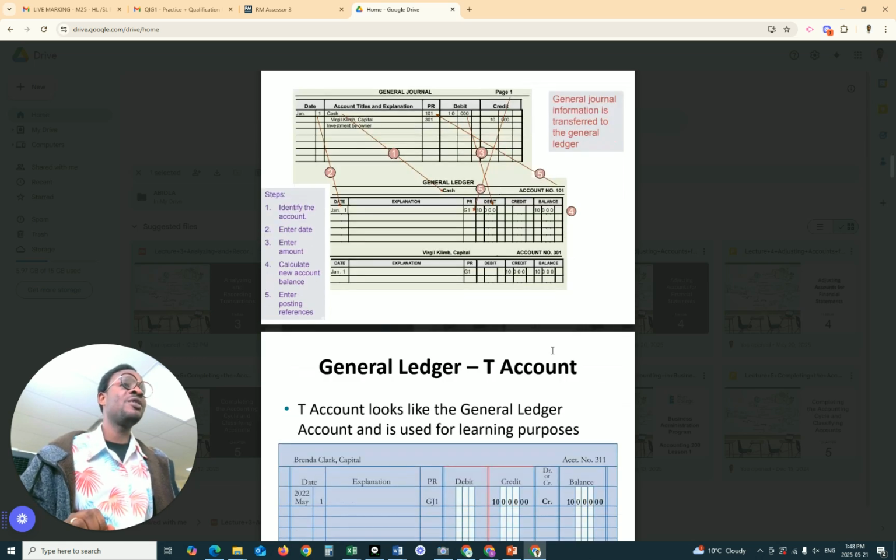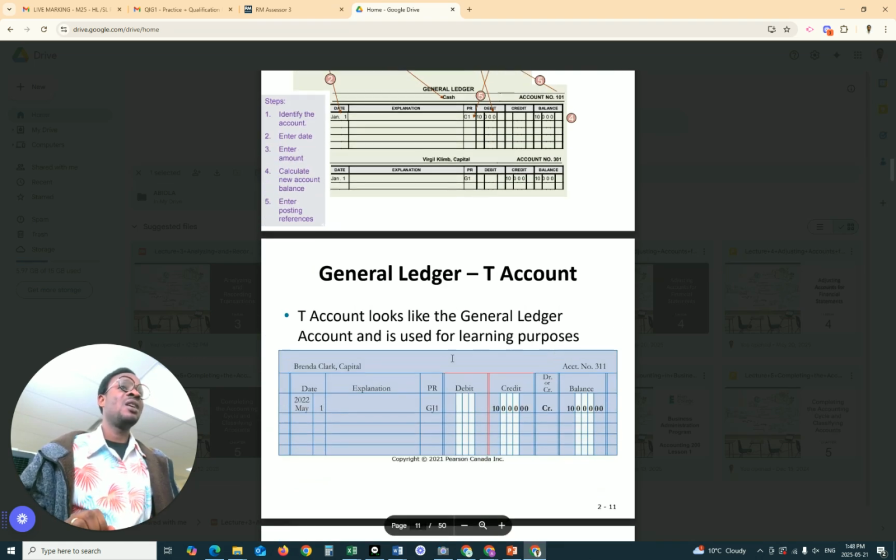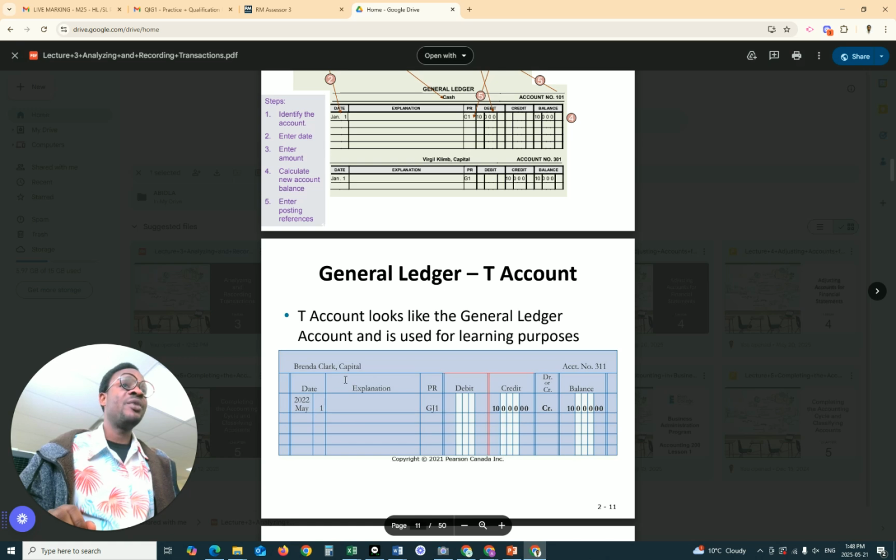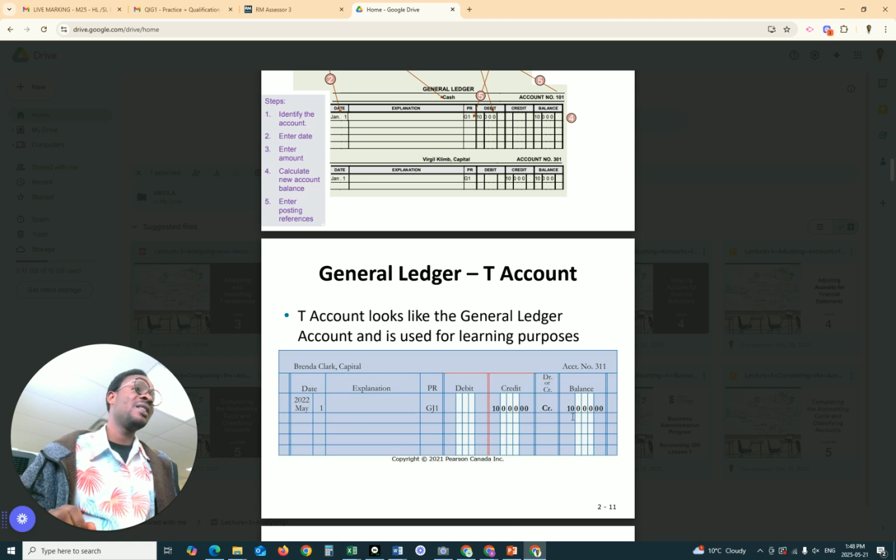Finally, for this episode, the general ledger T account. A T account looks like the general ledger account and is used for learning purposes. Now, the capital account. This is the debit side, this is credit, and this is balance.